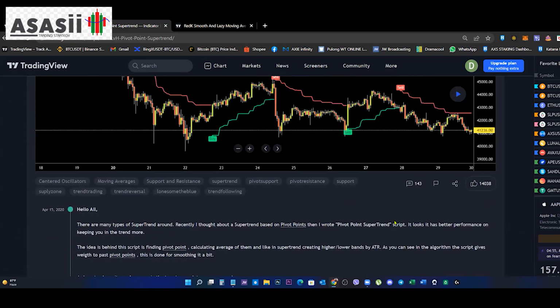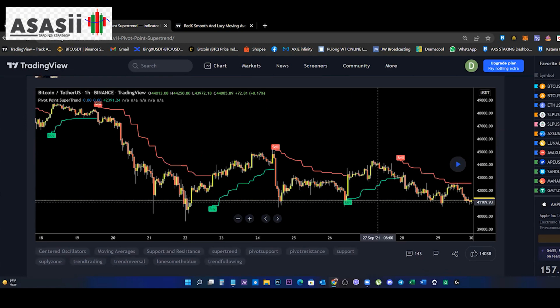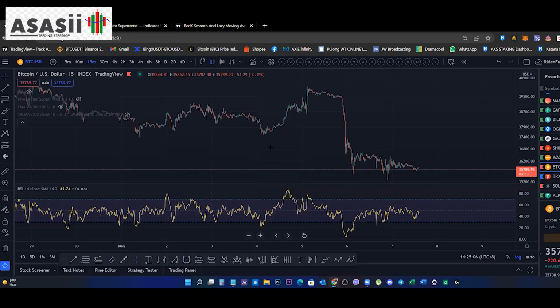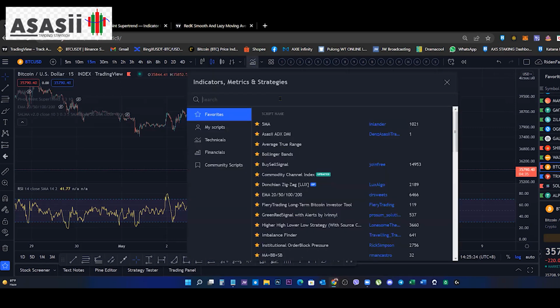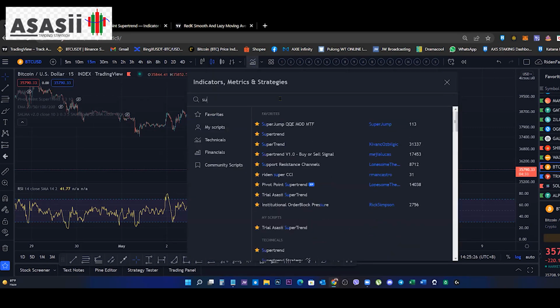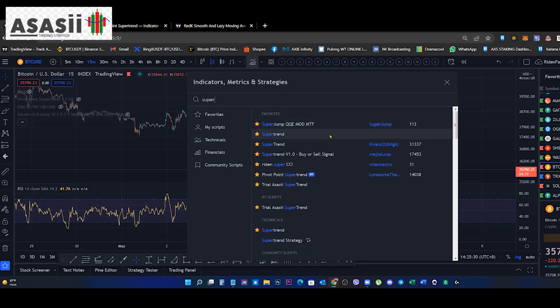And please take note that this indicator is actually a combination of 3 indicators, and now I will discuss it to you. First of all, this is a Supertrend indicator. What is Supertrend? This is the traditional Supertrend indicator, this one.